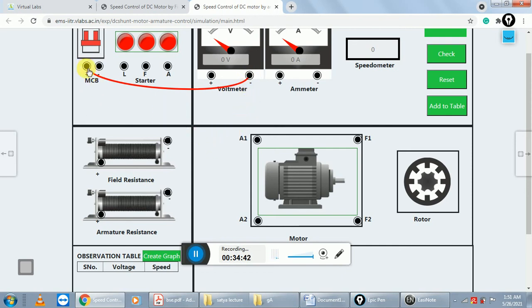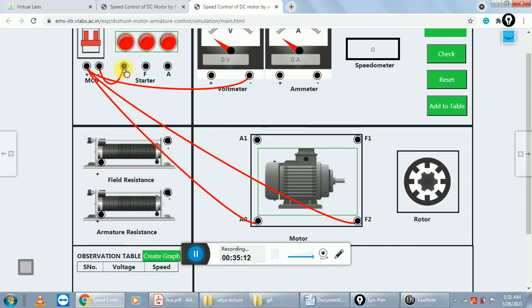This positive terminal of MCV also connects to A2 and F2. Next, connect the negative terminal of MCV to L, which is the L port of the starter.